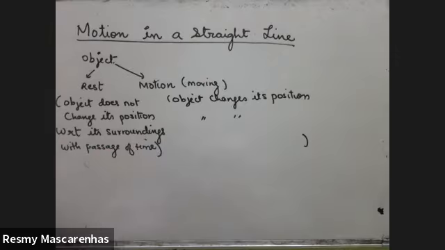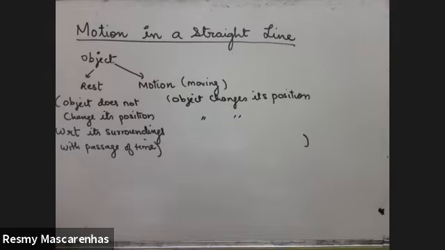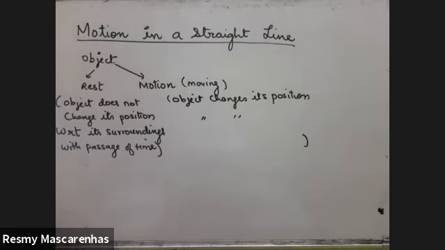So if the position has changed from one place to another, that means the object was in motion within that passage of time. So these are the words you will normally come across: rest and motion.